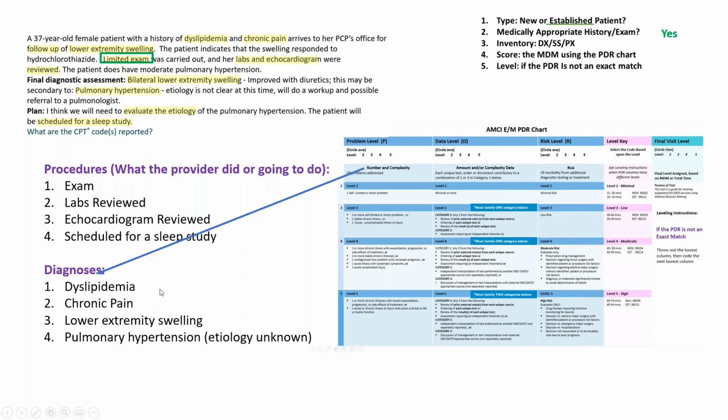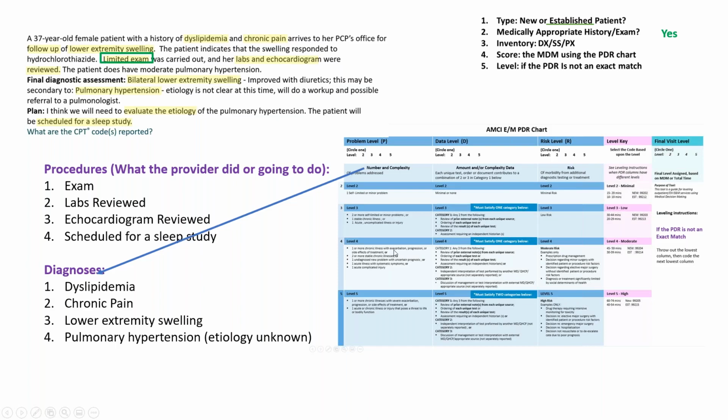A chronic illness is a condition that can last for a year or more. So dyslipidemia, chronic pain, pulmonary hypertension are all considered chronic illnesses. So we got 3 chronic illnesses.